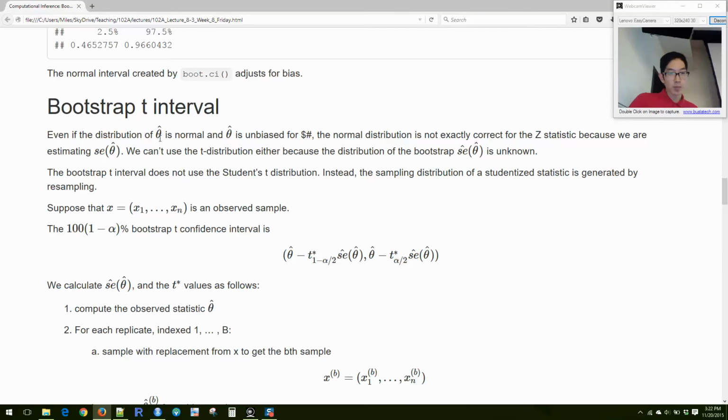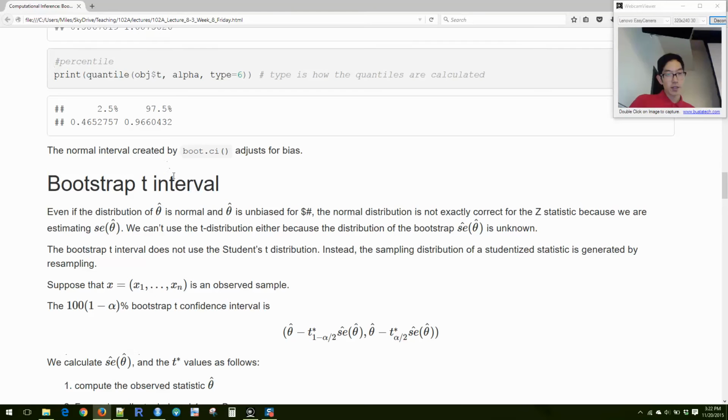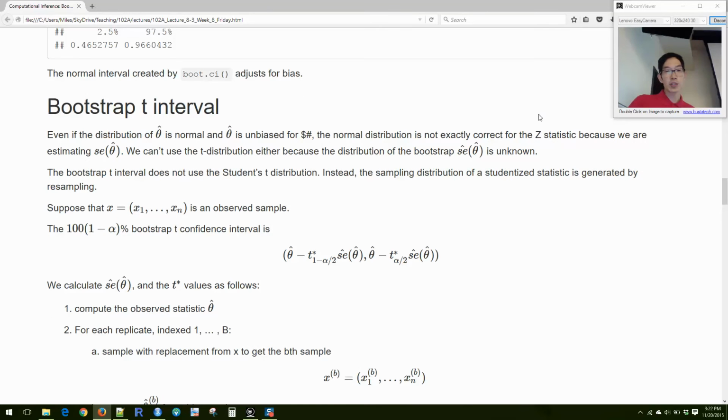So what this is saying is that even if the distribution of theta hat is normal and unbiased for the true value of theta, a normal distribution is not quite correct, because we're using the z statistic when in fact we don't really know the distribution of theta hat and we don't know the true value of the standard error, so we just have an estimate.